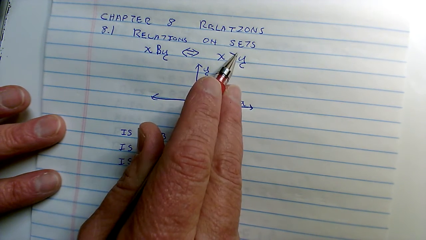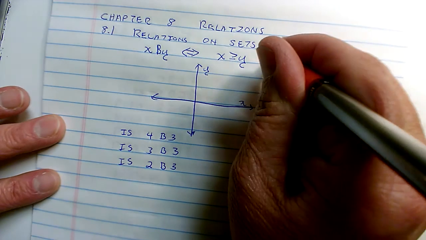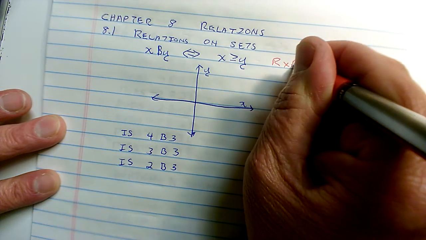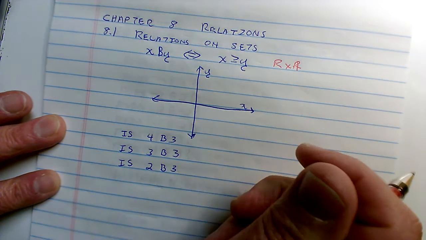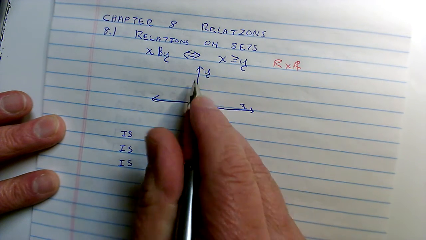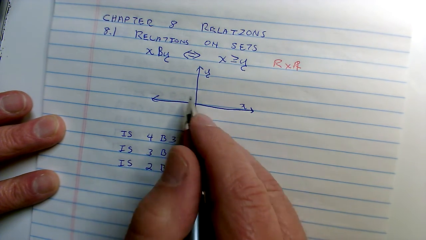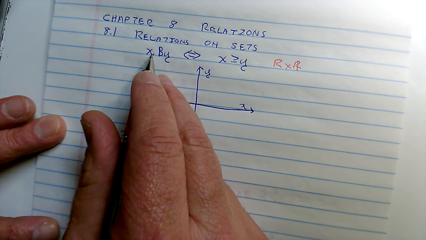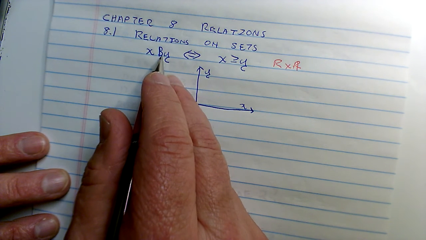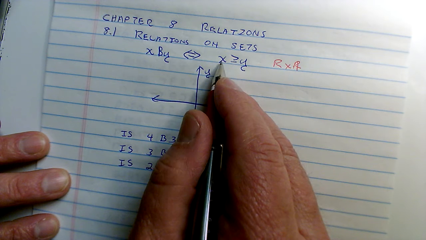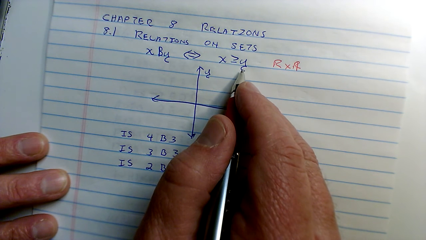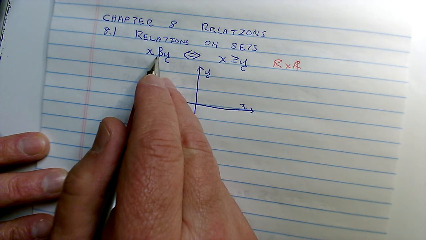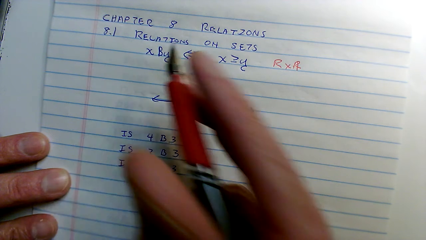Here I have a relation on a set where I've taken the real numbers across the real numbers, so I'm working with the number line across the number line, and we have the Cartesian coordinate system. And I'm going to say x B y means x is greater than or equal to y. So B you can think of as being bigger or equal to.